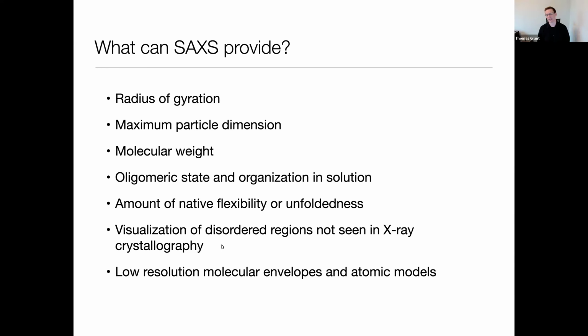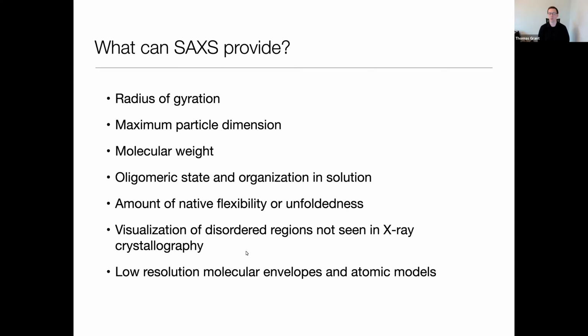Something that over the last 10 to 20 years has become very popular is the study of flexible regions of proteins. This is really important for understanding a lot of different diseases because a lot of proteins are intrinsically disordered. They don't actually have a single rigid structure. They actually adopt many different conformations and have some regions that are unstructured entirely until they interact with another protein, for example.